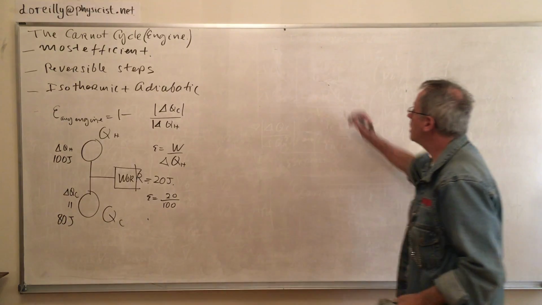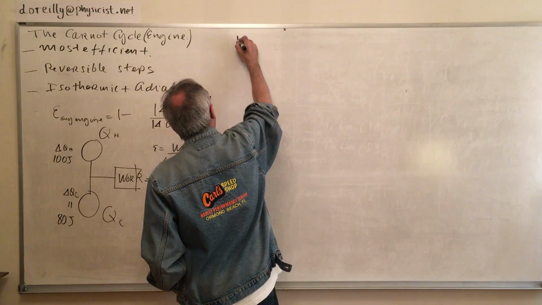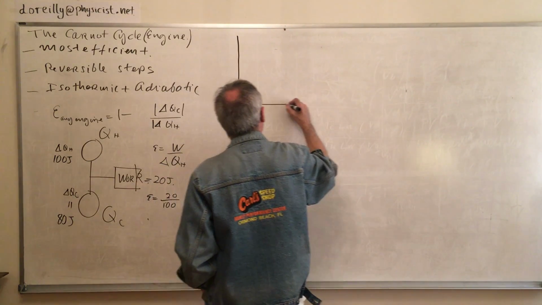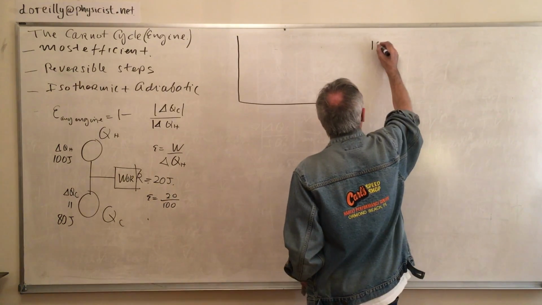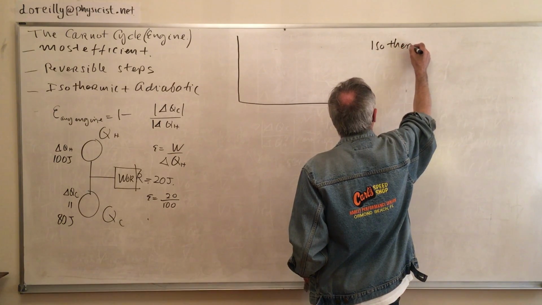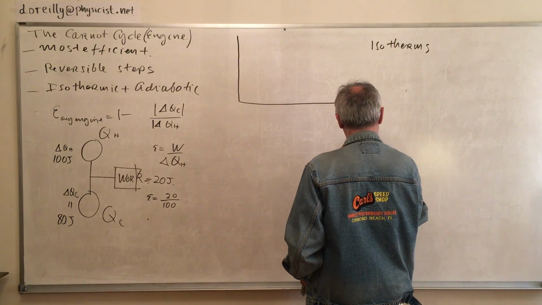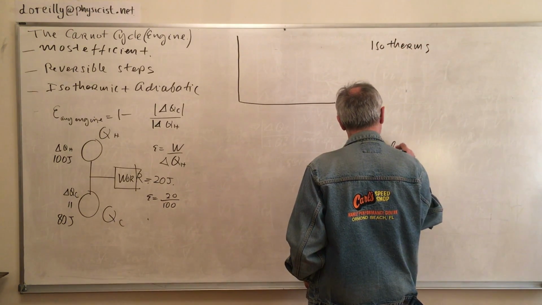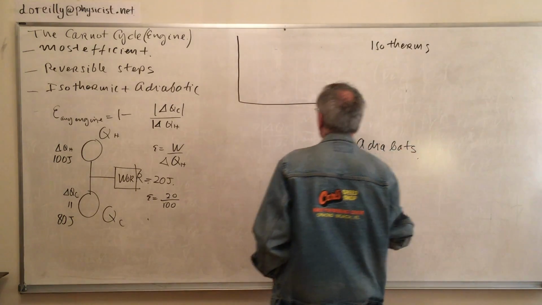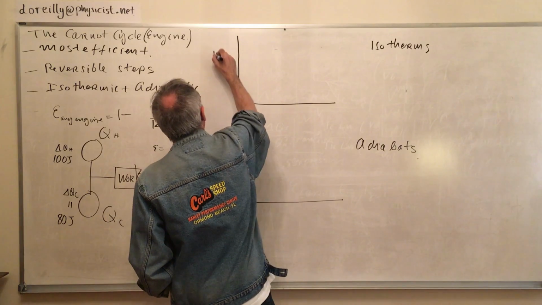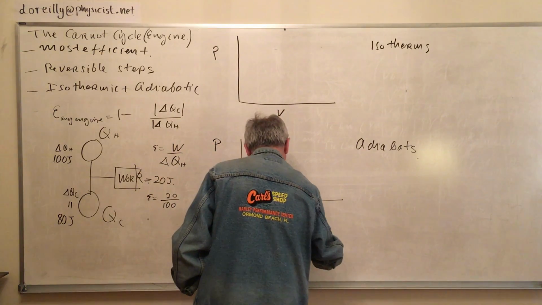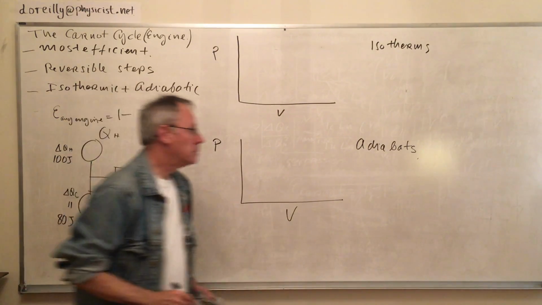So for the Carnot cycle, what has he got? Carnot said this is the most efficient case. Now there are isotherms and adiabats on a PV graph.